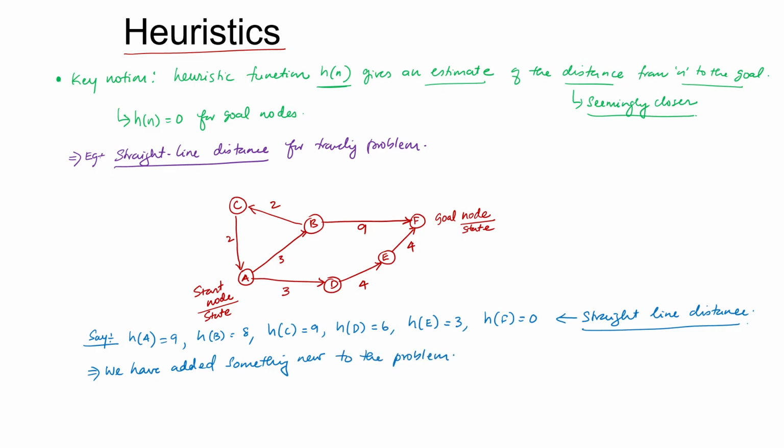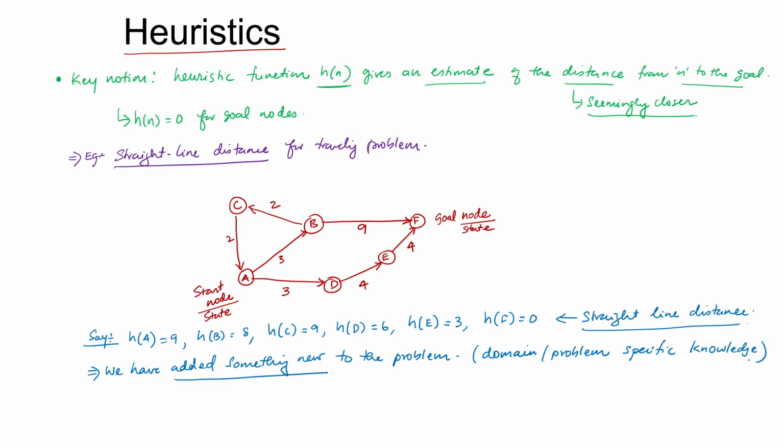What is this something new? The straight line distance. This is the domain specific, or problem specific, knowledge.